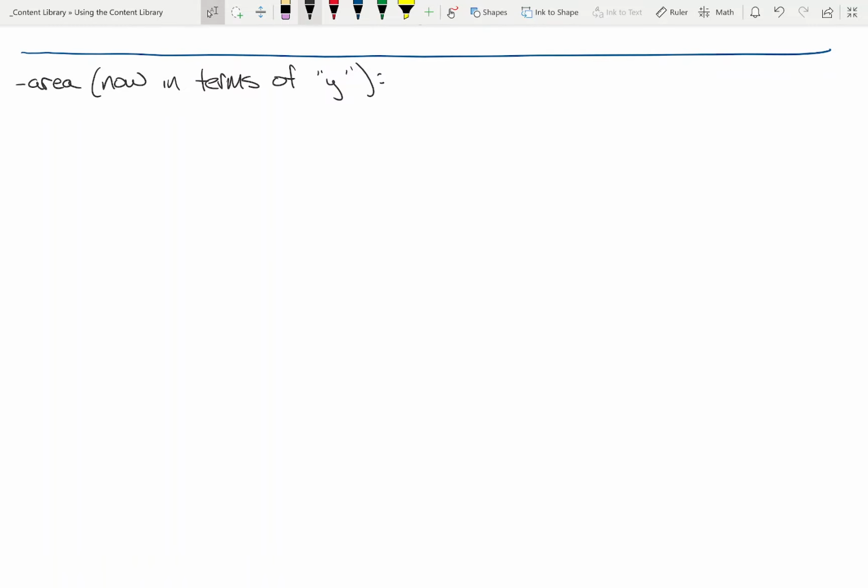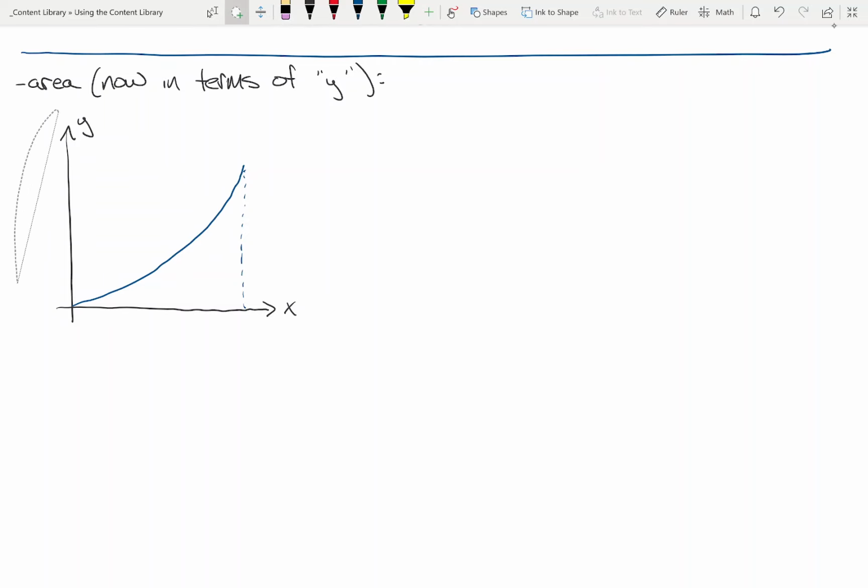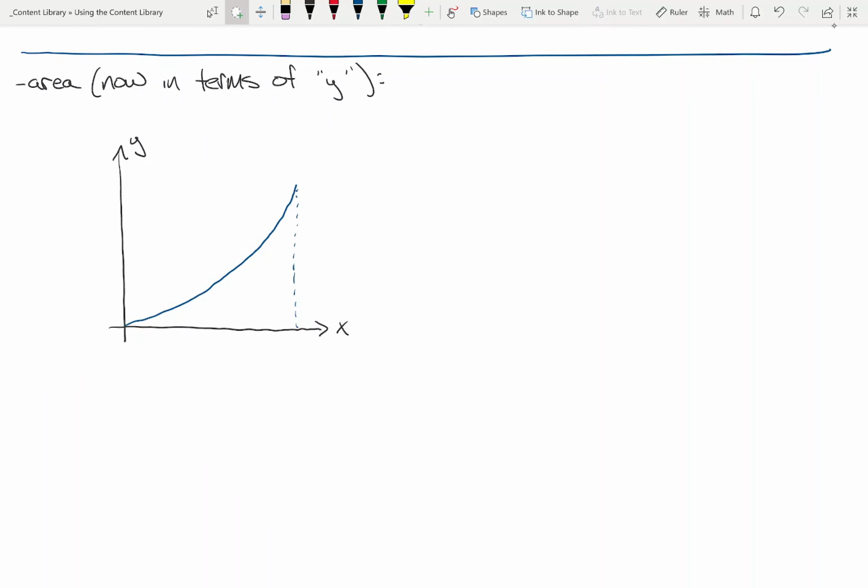Well, let's see. Okay, so let's look at this region again, but let's look at it a little differently. First thing, let me move this over a little bit. Let's now look at it in terms of y.